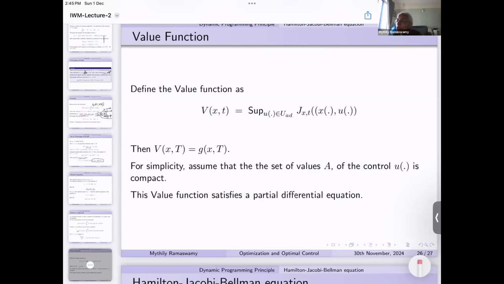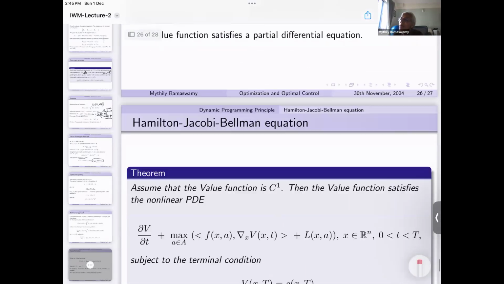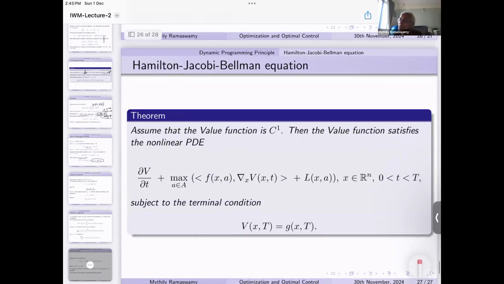And we can show that this value function satisfies a partial differential equation, called the Hamilton-Jacobi-Bellman equation.